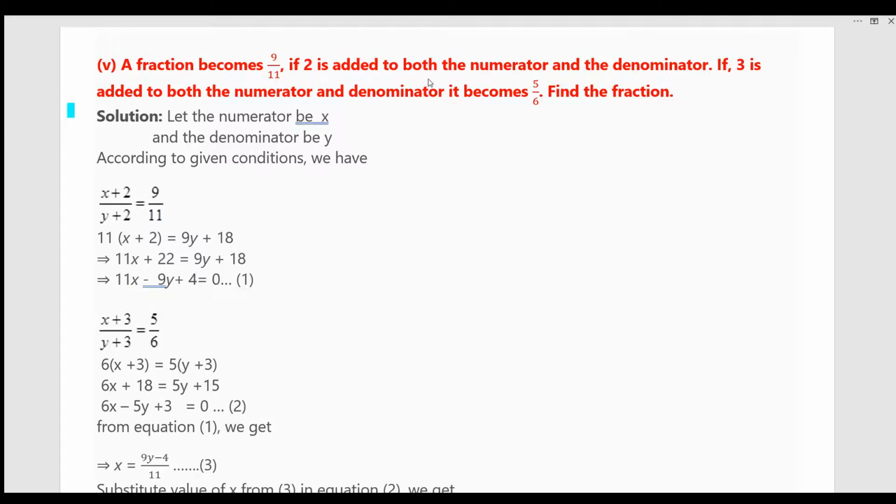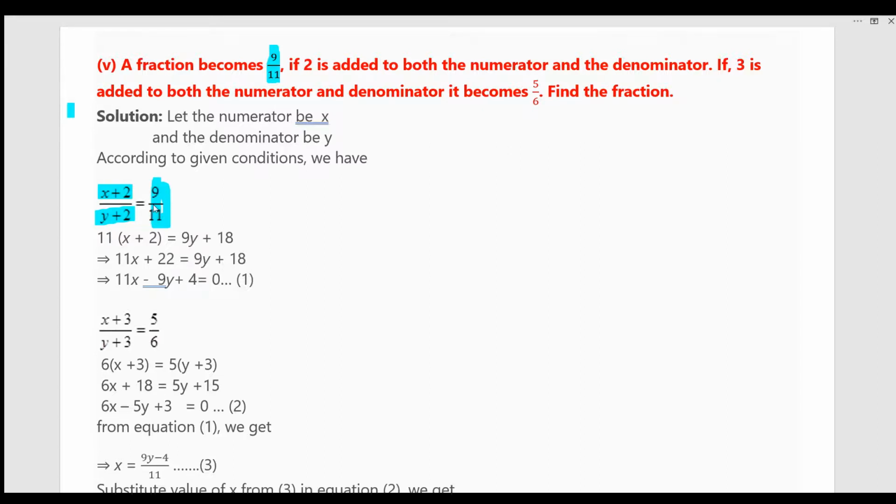So let the numerator of that fraction be x and the denominator be y. If you are adding 2 to both numerator and the denominator, it will become 9 upon 11. So if I am adding 2 to the numerator and 2 to the denominator, my fraction becomes 9 upon 11.